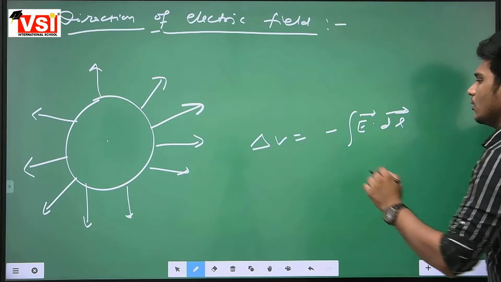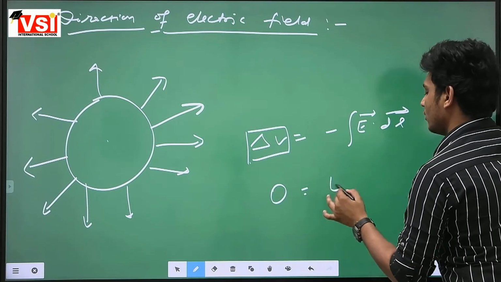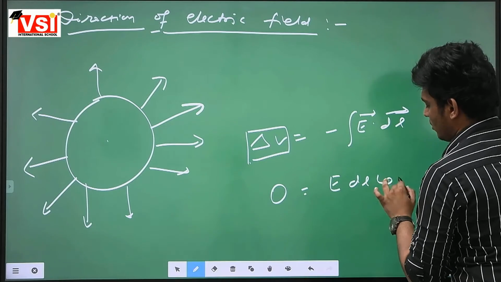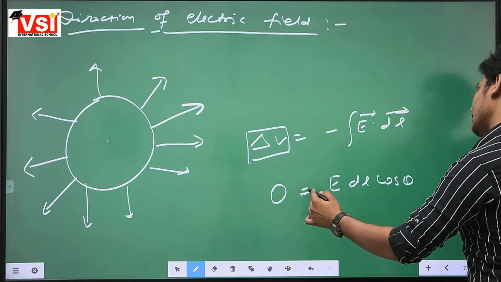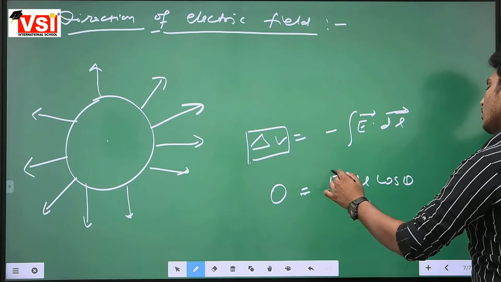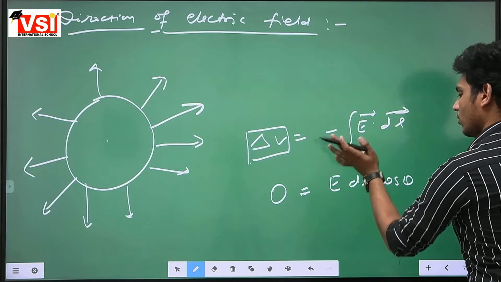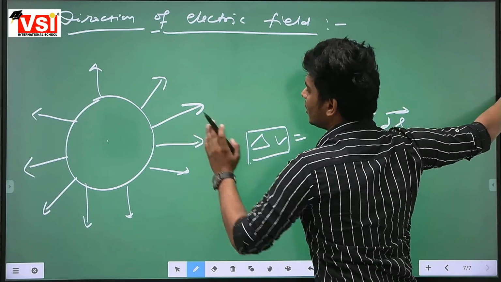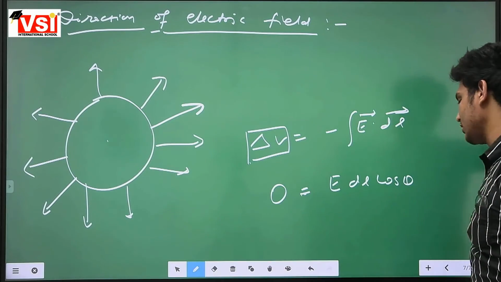So if the potential difference is 0, then E dl cos theta is also equal to 0. As we know, electric field is not 0. Why? Because there is a charge placed inside the closed surface.